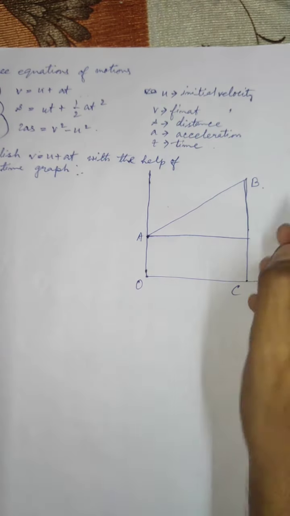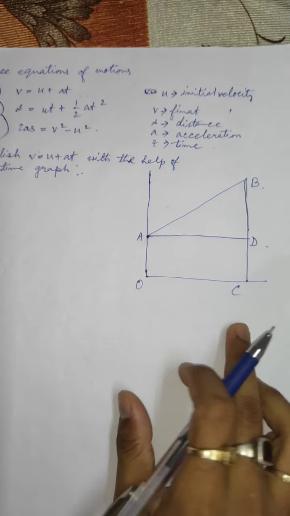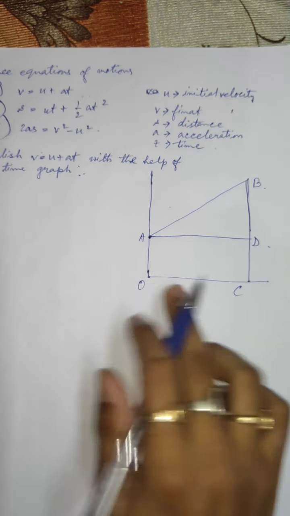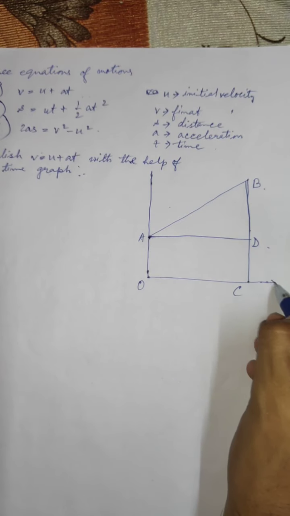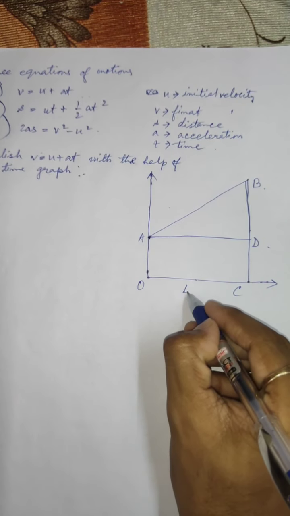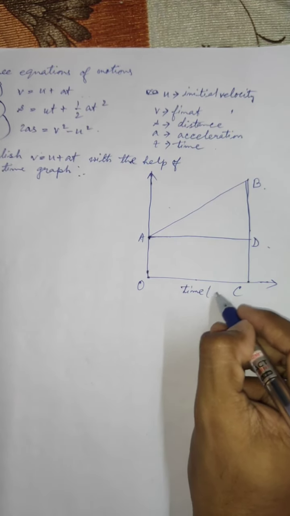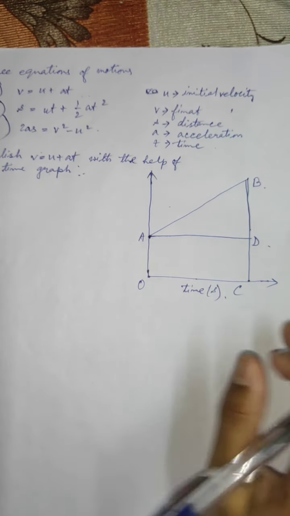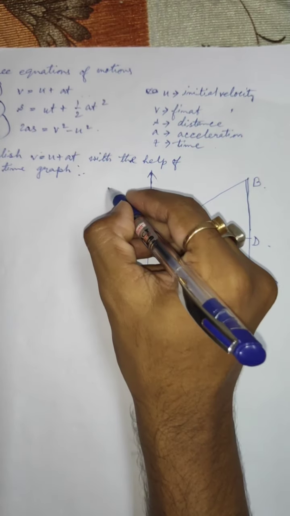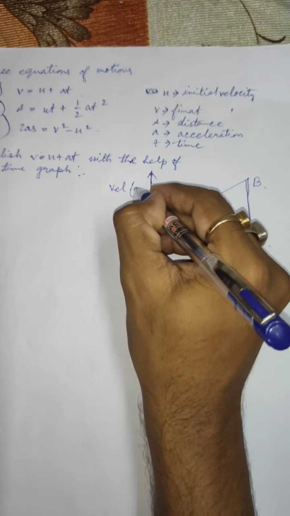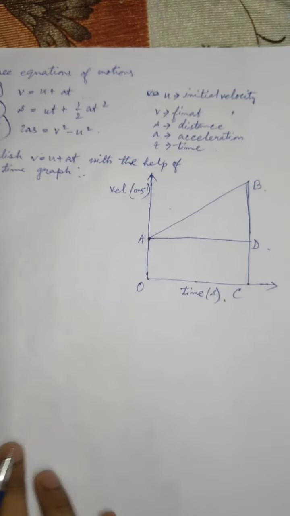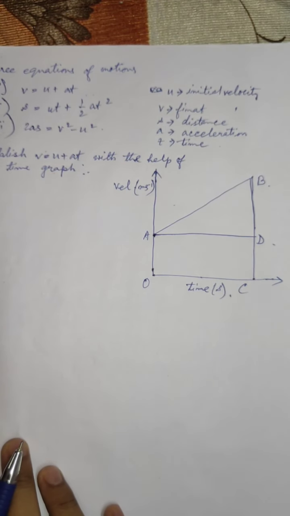And from A, I've drawn a line parallel to OC. So this is the time interval. In this axis we have taken time in second, the SI unit of time is second, and in this axis we have taken velocity in meter second inverse, the SI unit. Both I have taken in SI units.